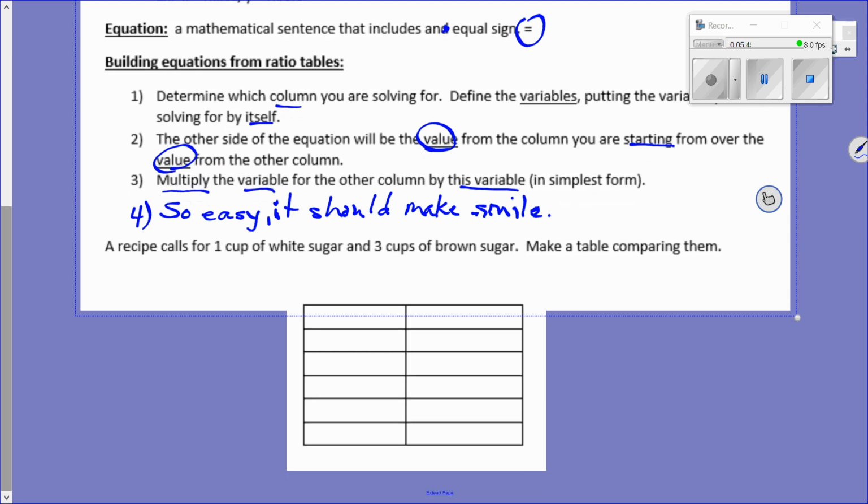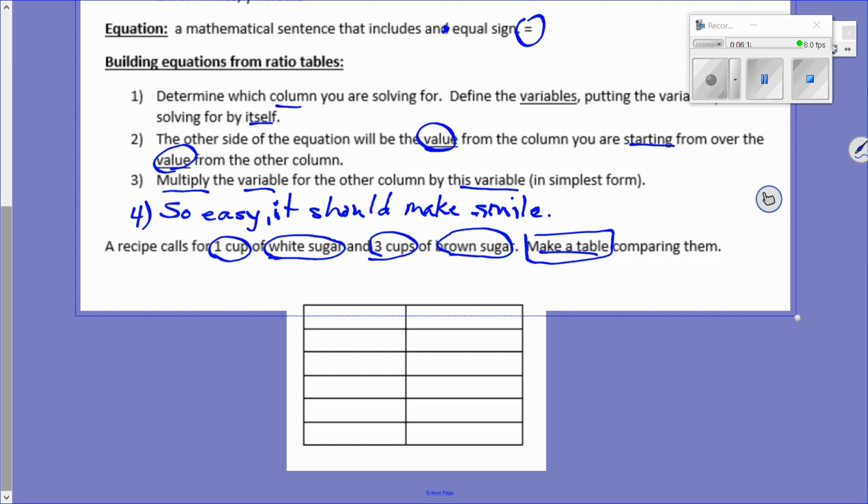Okay, now let's look at our example problem. And this is where we'll kind of pull all this stuff in together. So a recipe calls for 1 cup of white sugar and 3 cups of brown sugar. Make a table comparing them. So what's going to be in my first entry on the table? White sugar.